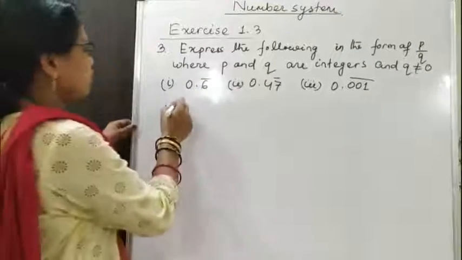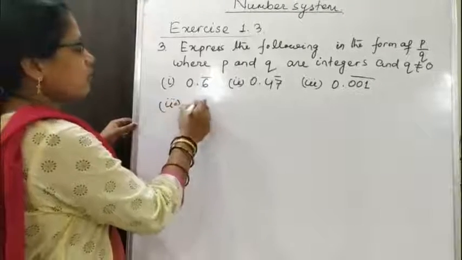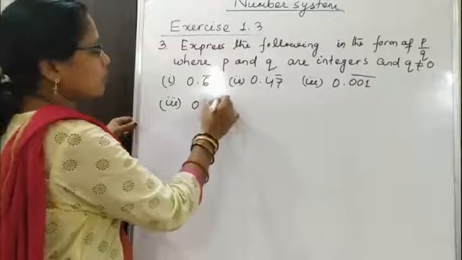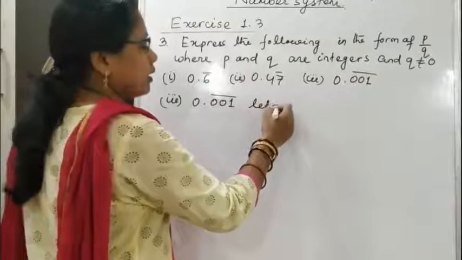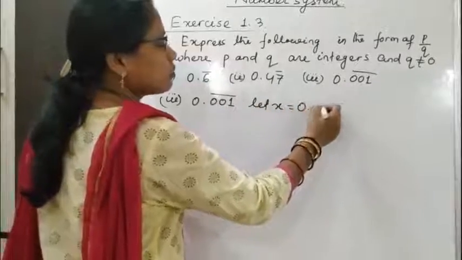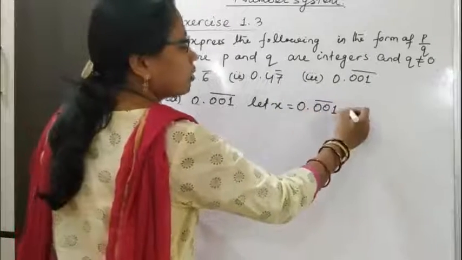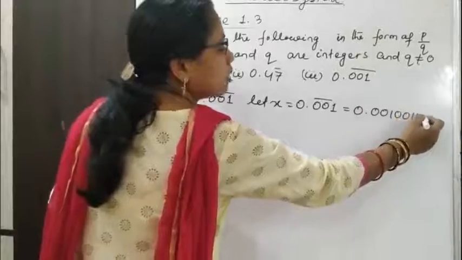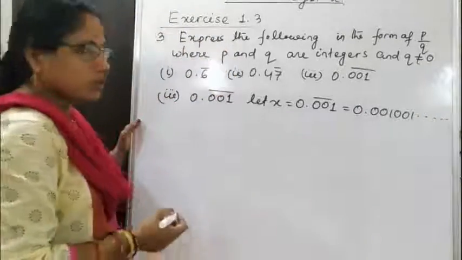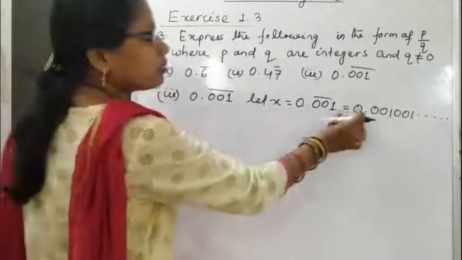Third one, 0.001 bar. So these 3 digits are repeating. So let x is equal to 0.001 bar, or that is equal to 0.001001 up to infinity. So here x is equal to this much.